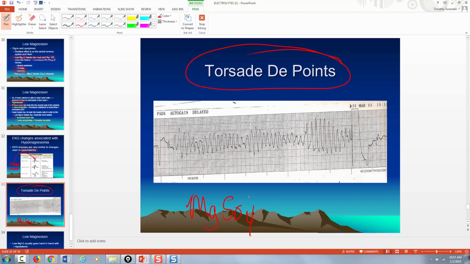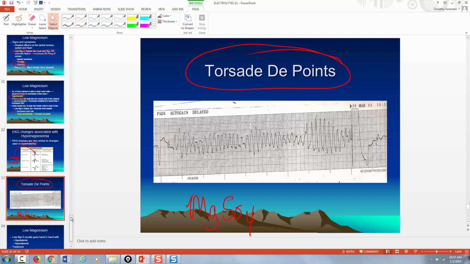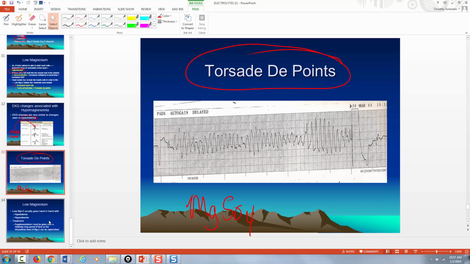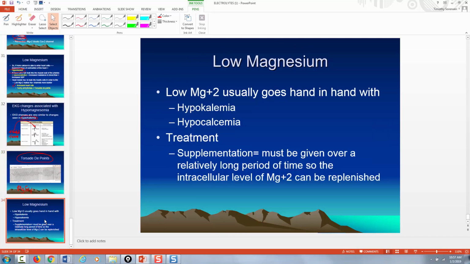Also remember torsade de pointes, twisting of the points, and that's usually seen in low magnesium, and the treatment is magnesium sulfate.